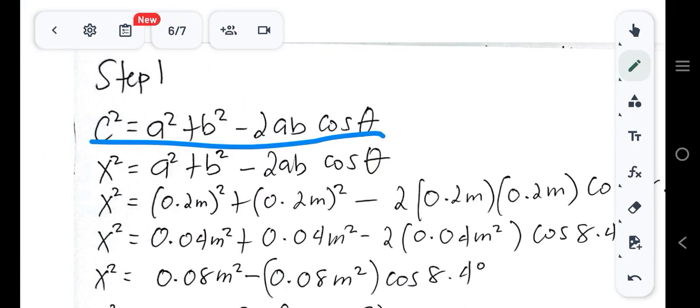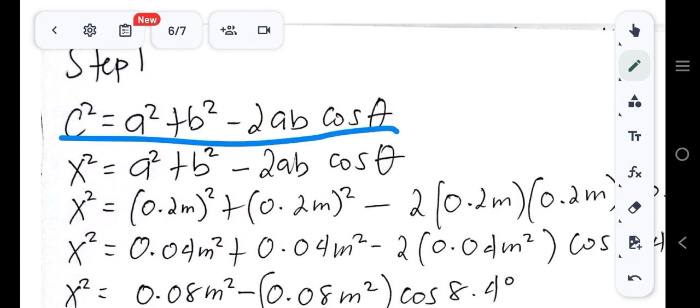Let us go back to the cosine law. In the context of this problem, the cosine law is applied to find the distance, which is x. So instead of c squared, we will be using x squared to denote the horizontal line, applying the same variables in the equation.